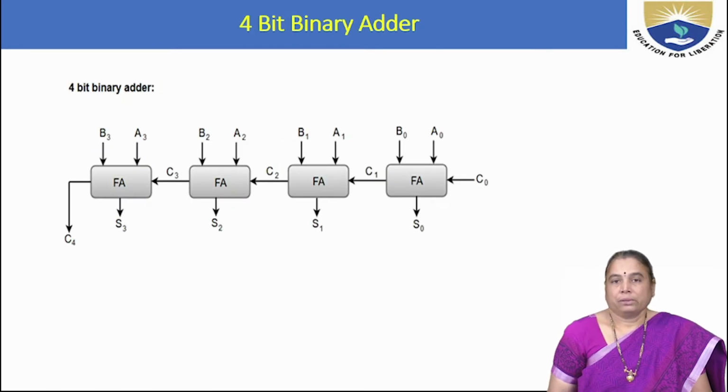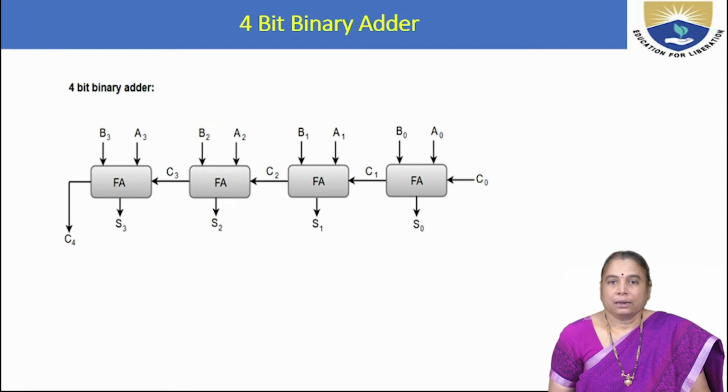What is the electronic circuit that can be used to perform the binary addition? So the binary addition can be generally implemented with the full adders and the registers. The full adder can receive 3 inputs and produces 2 outputs.